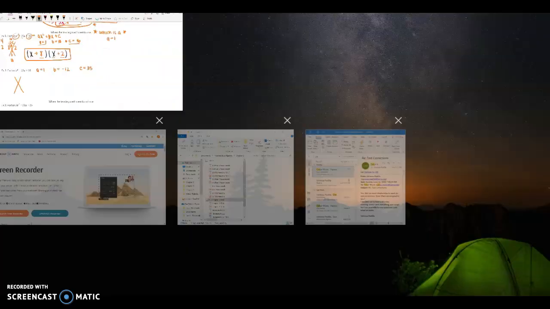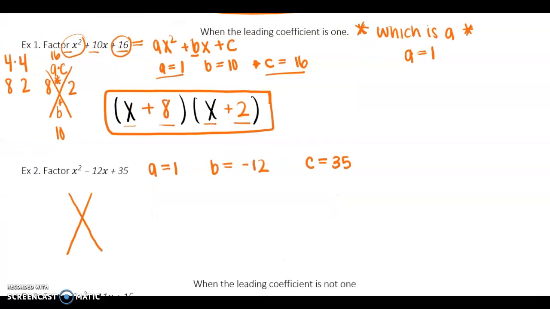So a times c is 35, and then we have negative 12 at the bottom. Let's start thinking about two numbers that multiply out to 35. We have 7 and 5. They add up to 12, not negative 12.